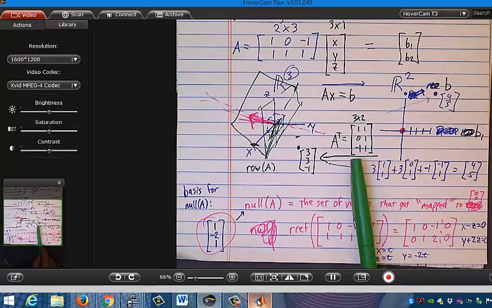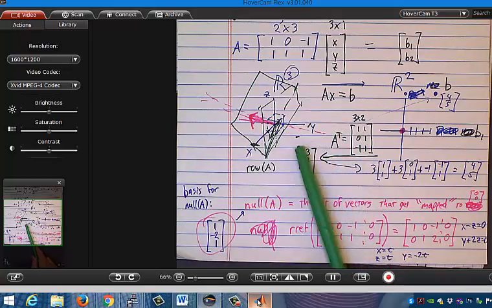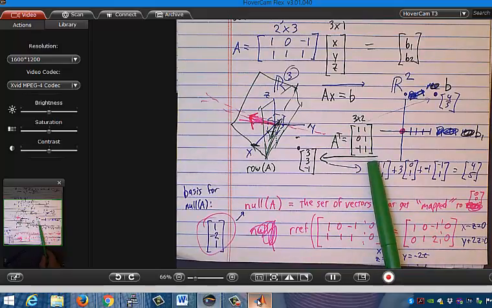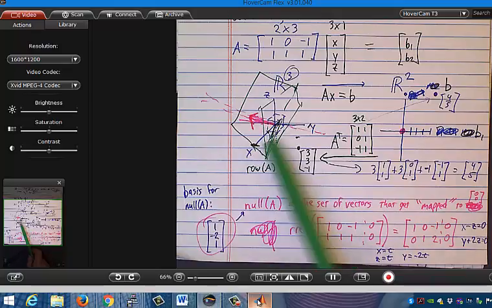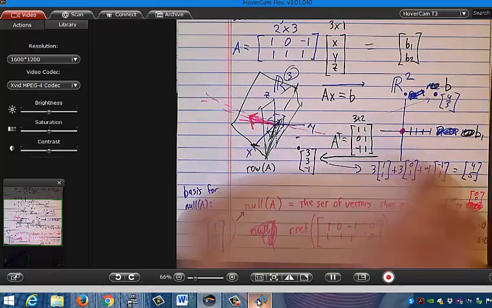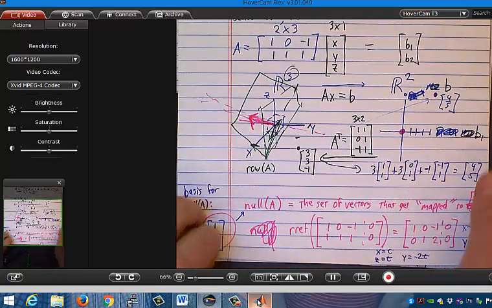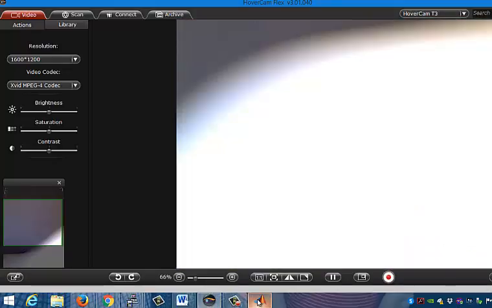So when I say that the row space of A is the same as the column space of A transpose, you're kind of just switching them. And so what we learn from this idea, let me go through some basic facts to sum up. Maybe this puts it all together.